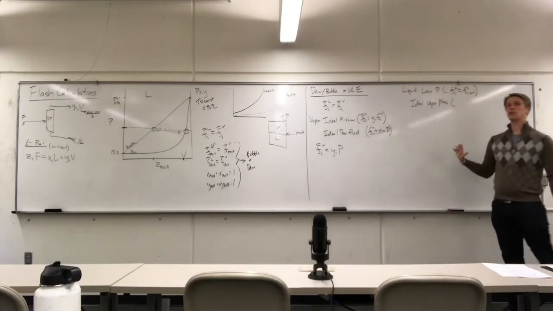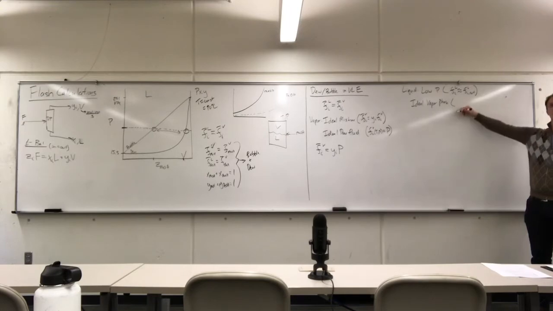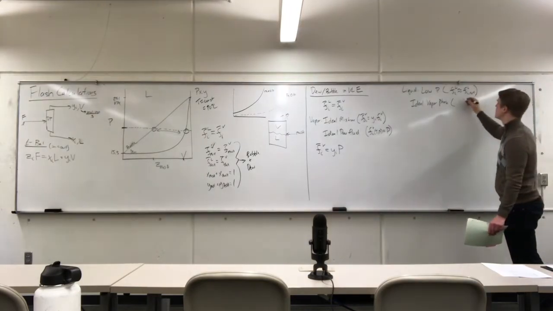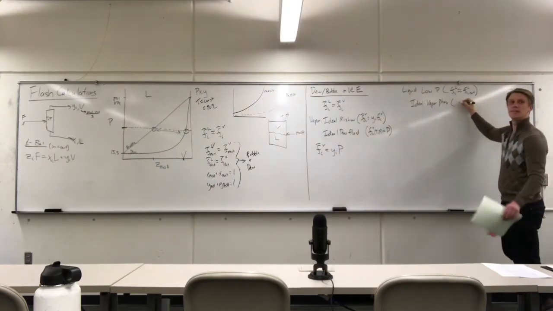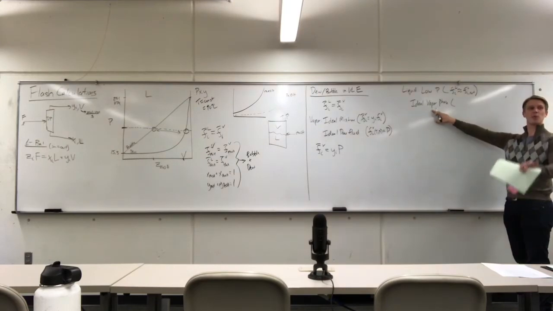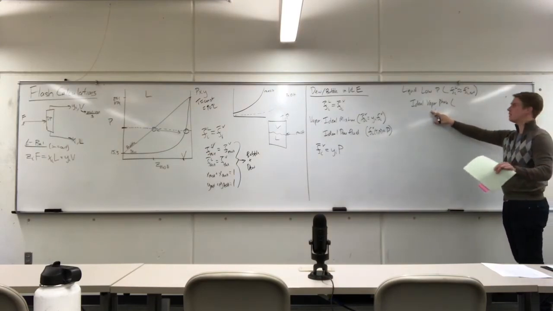Now, if we further assume that it's an ideal vapor phase, or we could say it's very low pressure, then what's the next step? Well, this is the ideal gas assumption. So what does that tell us practically on how we actually calculate the fugacity? It equals the pressure. Yes.